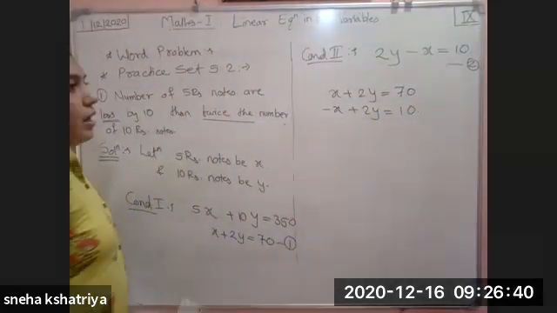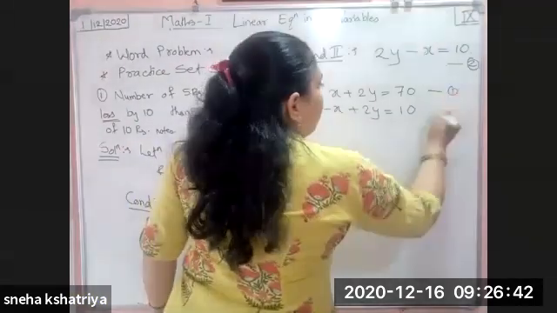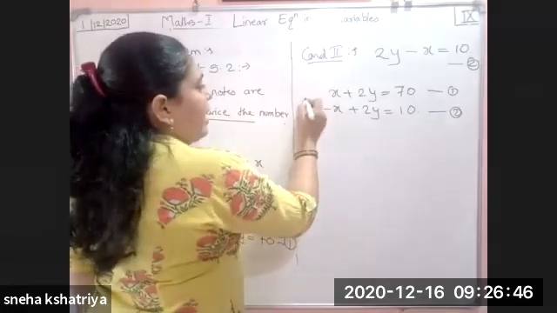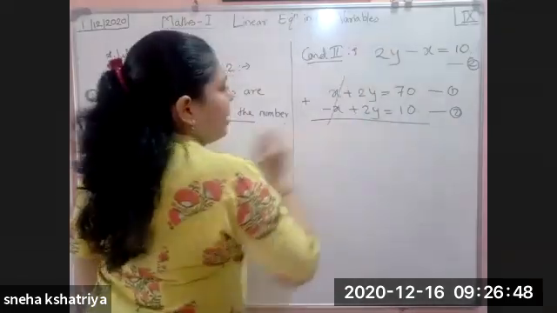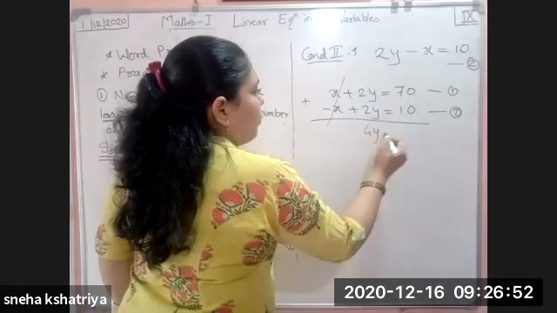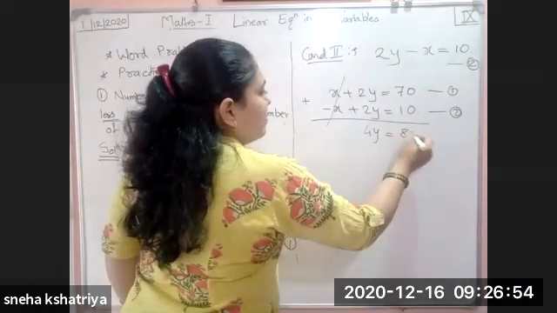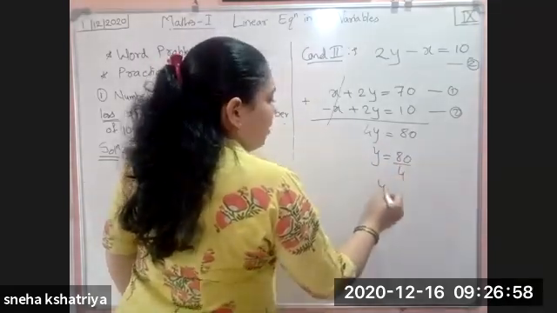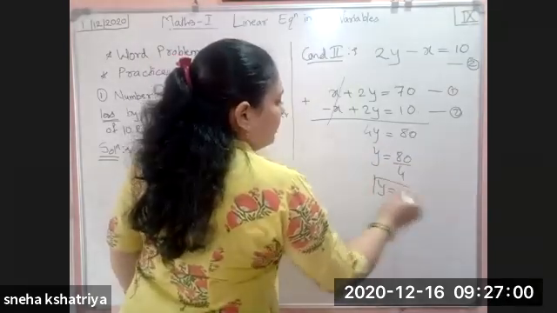Okay. This is equation 1. This is equation 2. Simple, plus x and minus x is there. Add both the equations. X and x get cancelled. So 2y plus 2y becomes 4y. 70 plus 10 becomes 80. Y value is 80 divided by 4. Y is equal to 20.